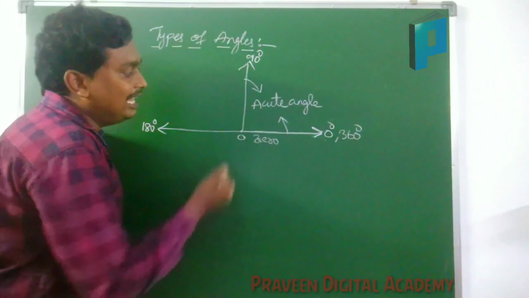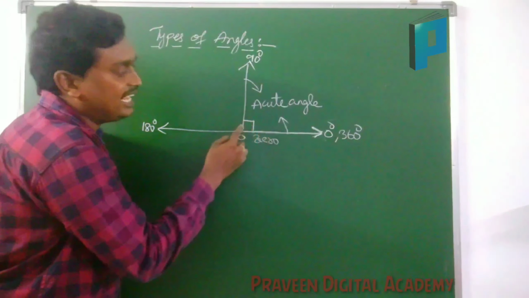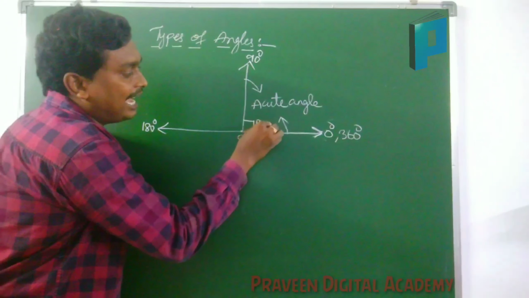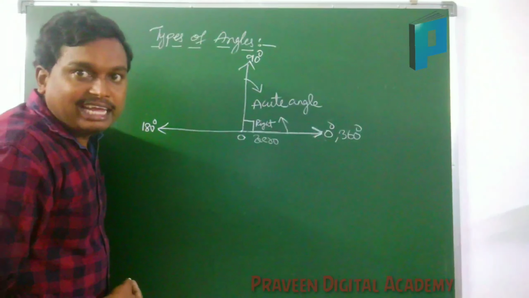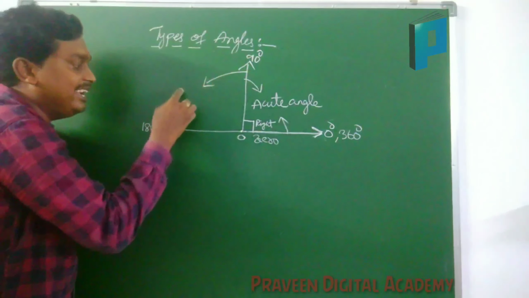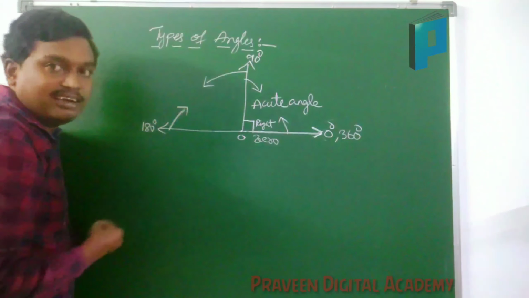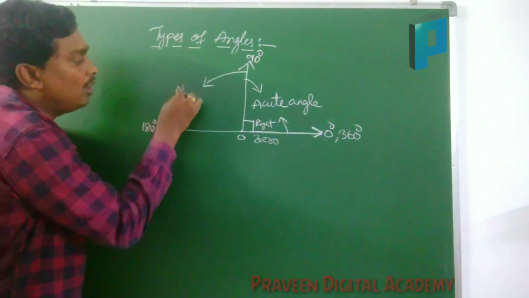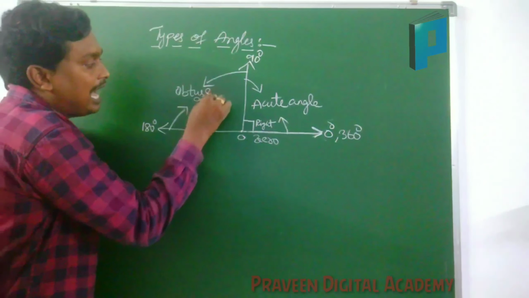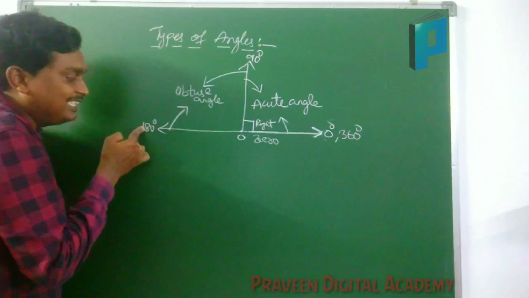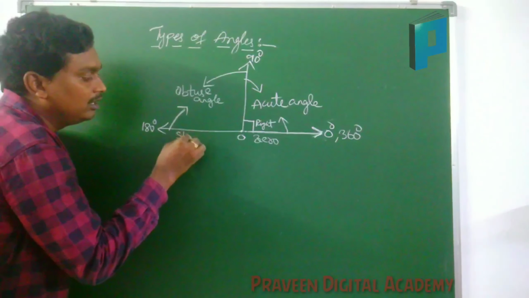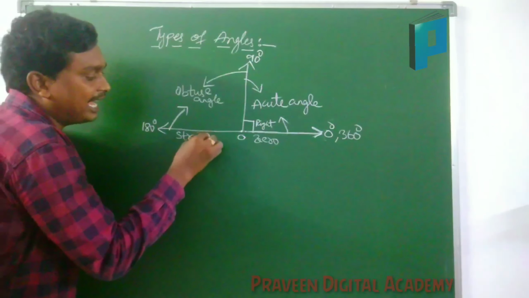The angle exactly equal to 90 degrees is called right angle. Here the angle which is greater than 90 and less than 180 is called obtuse angle. The angle exactly equal to 180 degrees is called straight angle.